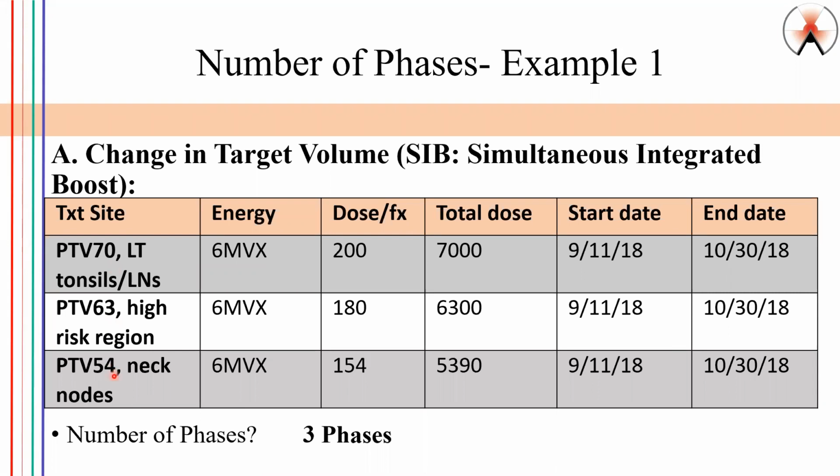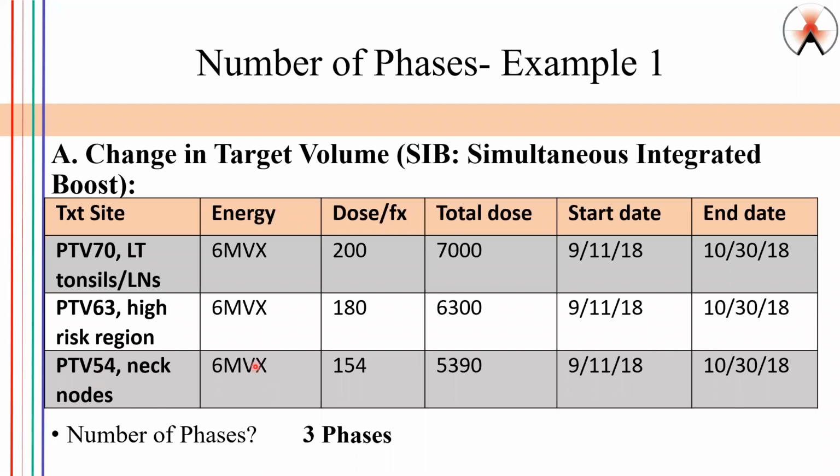When we present this information in this format, we are telling you that the volume has changed. Look at the rule: change in target volume results in separate phases. We have changed the target volume here 3 times. So that's 3 phases.